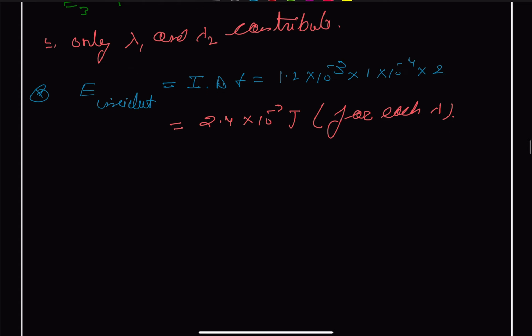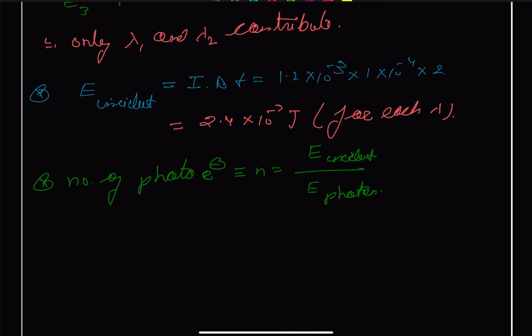Now we are going to find out the number of photoelectrons. The general formula will be N is equal to energy incident divided by energy of the photon.